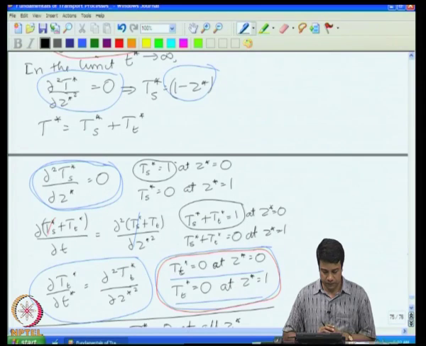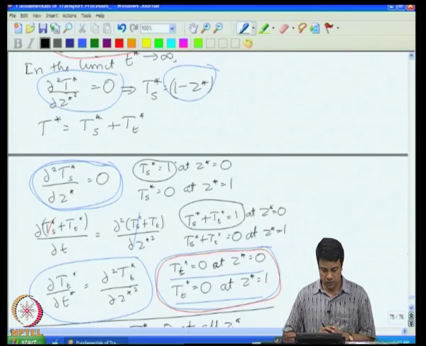For the steady part, I have Ts is equal to 1 at z is equal to 0, Ts is equal to 0 at z is equal to 1. For the total temperature profile, I have Ts plus Tt is equal to 1 at z is equal to 0, Ts plus Tt is equal to 0 at z is equal to 1.